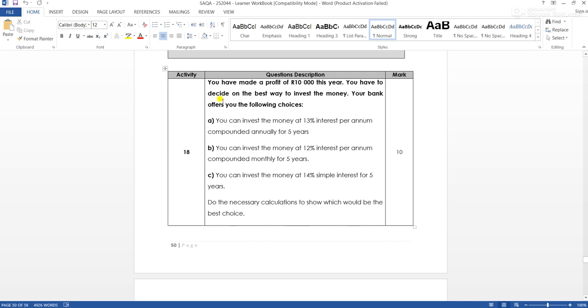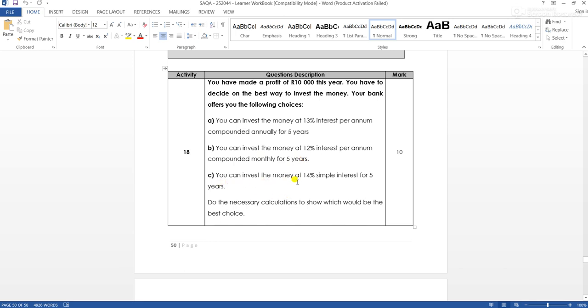Activity 18: you have made a profit of 10,000 this year. You have to decide on the best way to invest the money. Your bank offers the following choices. A, you can invest the money at 13% interest per annum compounded annually for 5 years. B, you can invest the money at 12% per annum compounded monthly for 5 years.